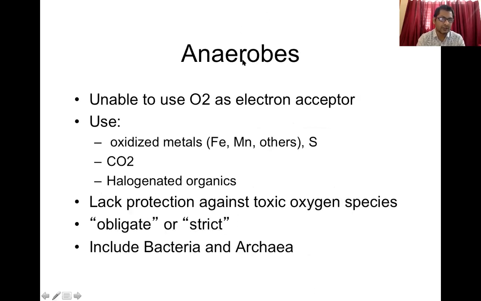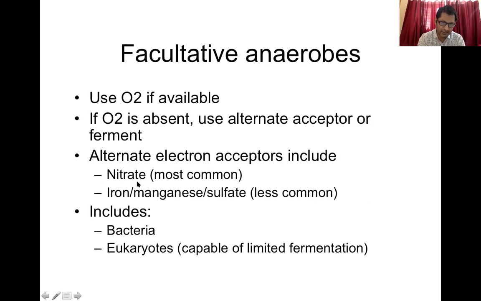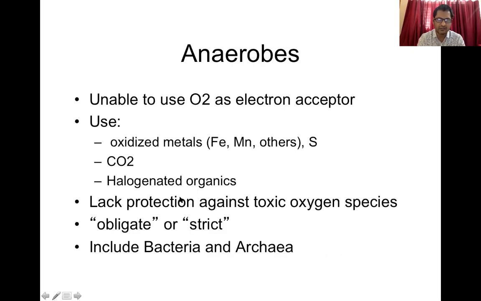Then strict anaerobes are unable to use oxygen as an electron acceptor. What they use is oxidized metals, CO2, halogenated organics, as well as other oxygenated compounds like nitrate, iron, manganese, and sulfate, which are alternate electron acceptors. They lack protection against toxic oxygen species.